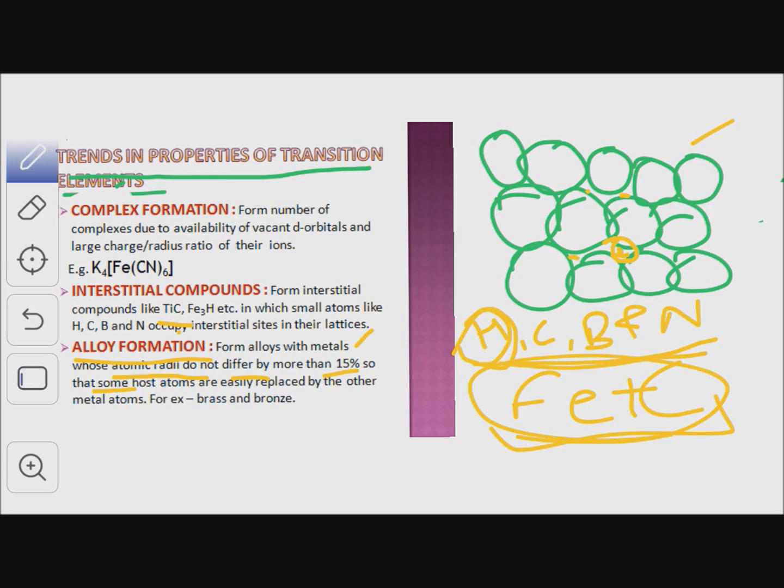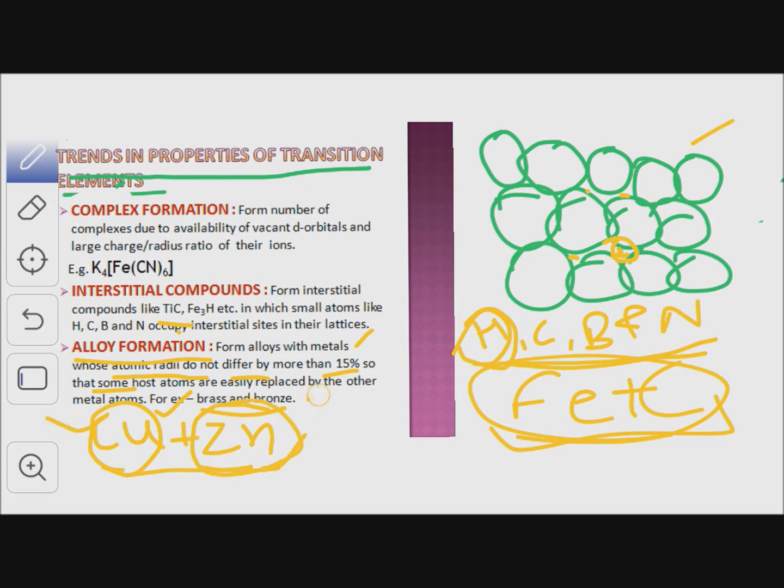For example, in the case of brass, whose composition is copper plus zinc, copper is the host metal atom and Zn is the foreign atom. And when zinc replaces some of the copper from its crystal lattice, it forms the alloy, because zinc has a comparable size with copper.